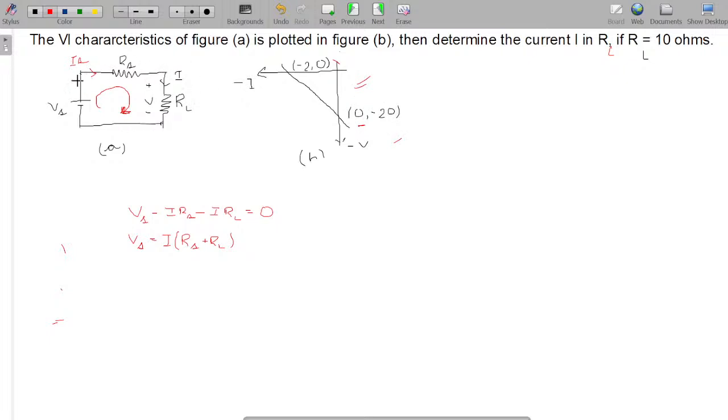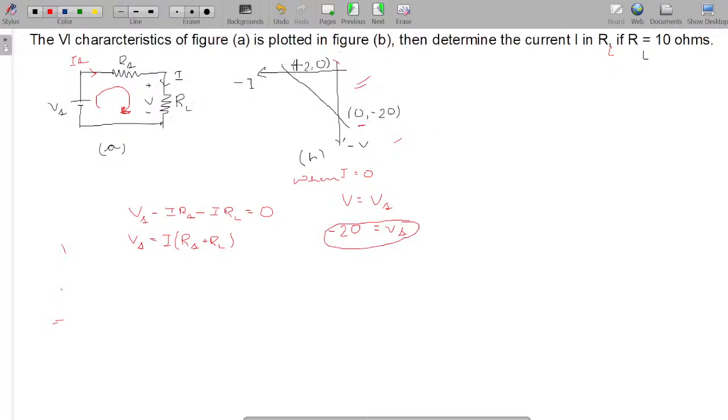So in such a condition, can I say V equals Vs when I equals 0? When I equals 0, V equals Vs. Now, what is the value of V when I is 0? V equals minus 20. So minus 20 equals Vs, right? This is one value that we have achieved so far using this point.